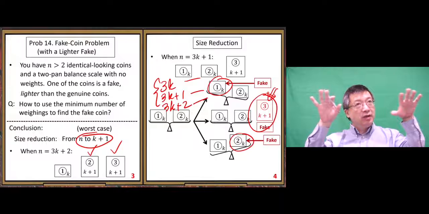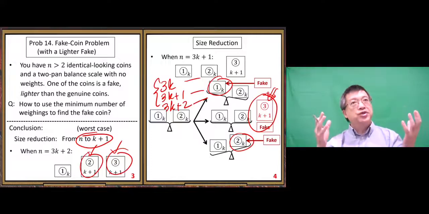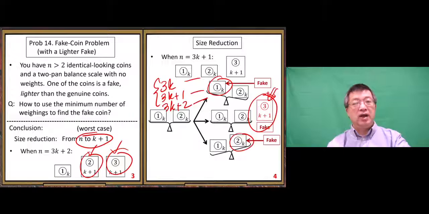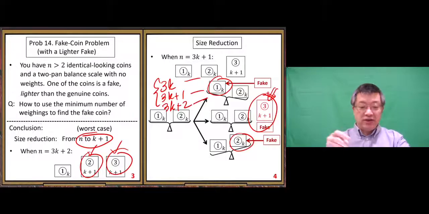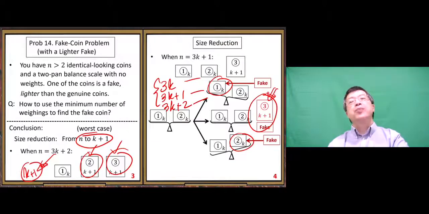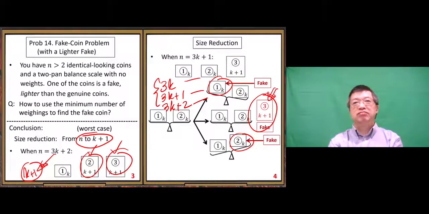The worst case should be in one of the piles containing k plus 1 coins. So the size reduction is still k plus 1.